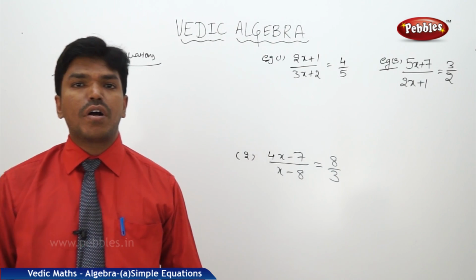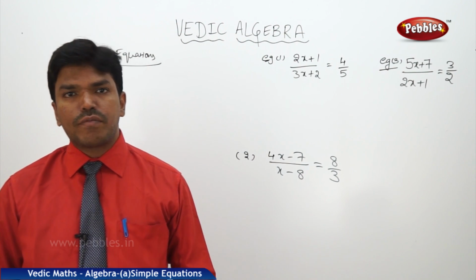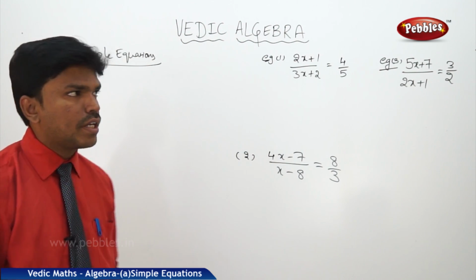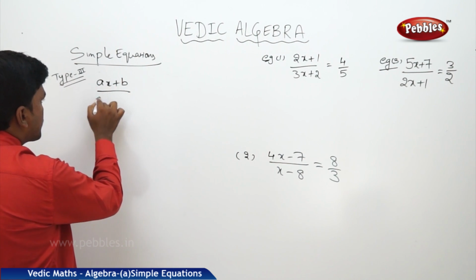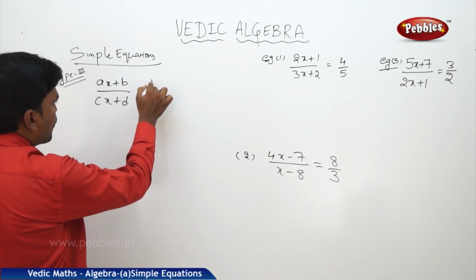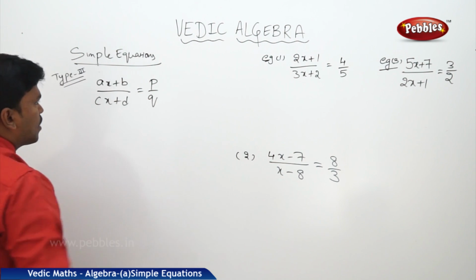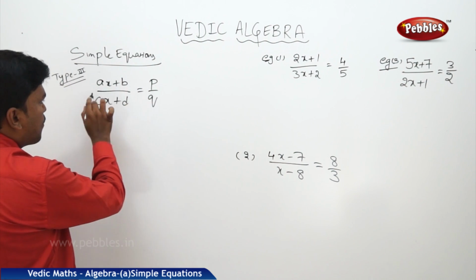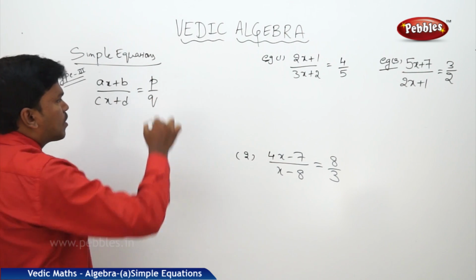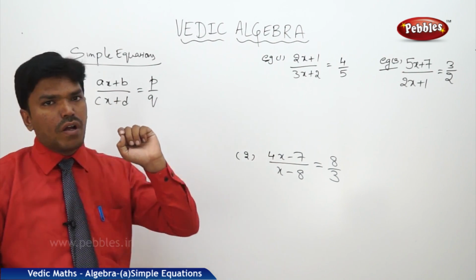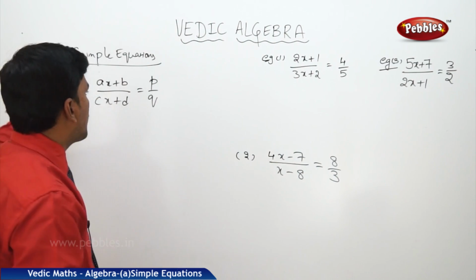Now, the third type of simplification is of the form AX plus B by CX plus D equal to P by Q. Once again, AX plus B by CX plus D equal to P by Q. So, the third type of simple equation is of the form like this.